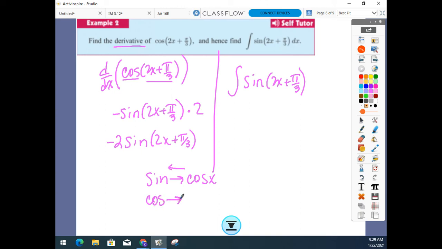Because the derivative of cosine is negative sine, the antiderivative of sine is negative cosine. So it's kind of backwards, if you just can kind of remember they're backwards. So antiderivative of sine is negative cosine.